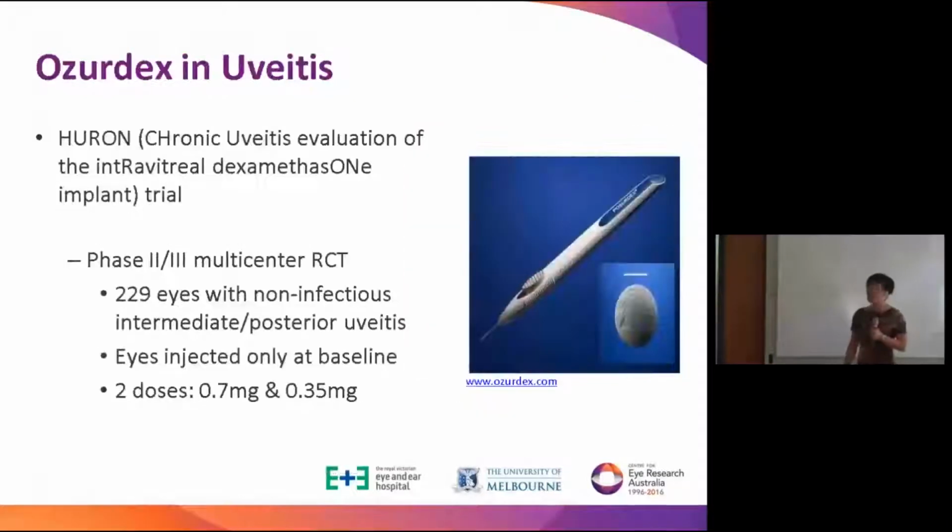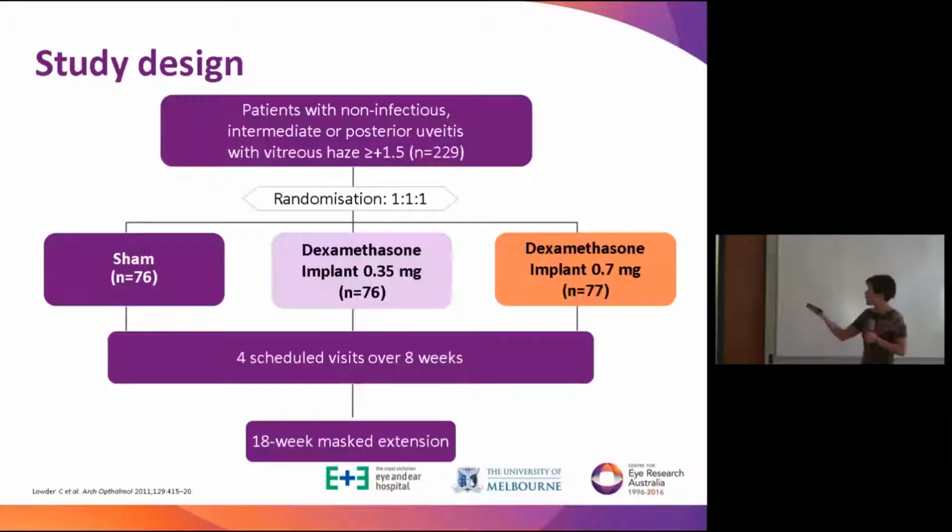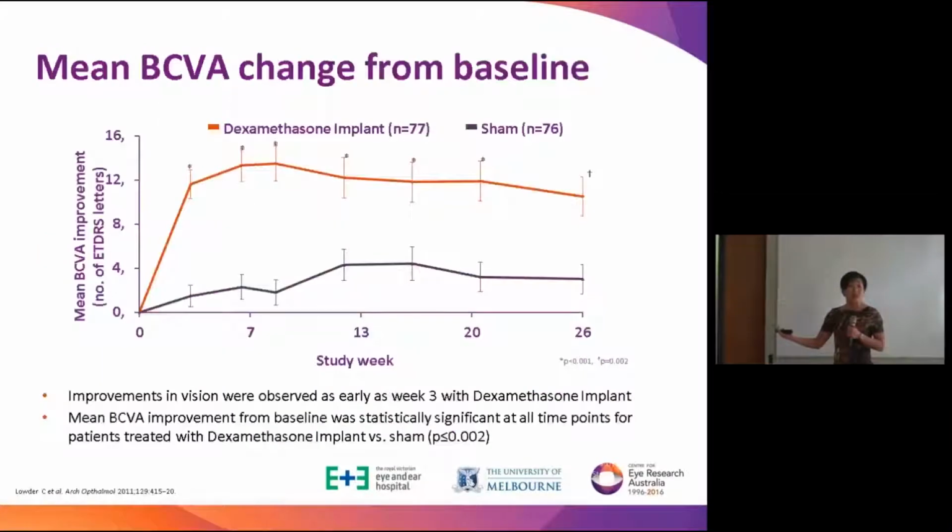Okay, which moves us to Ozurdex, which is the dexamethasone implant. There's only been one trial of Ozurdex prospectively in uveitis, and that's the HURON trial, which was done many years ago. Patients were randomized to sham, so this was a controlled trial versus 2 forms of Ozurdex. And unsurprisingly, I mean, we know if we don't treat uveitis, it doesn't get better, and that's what the sham group did, as opposed to the patients who got the dexamethasone implant.